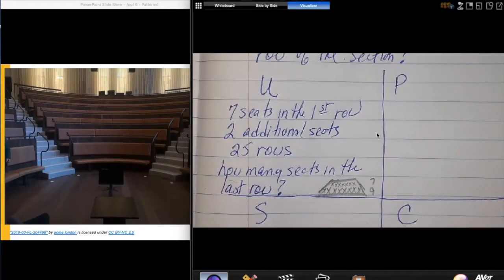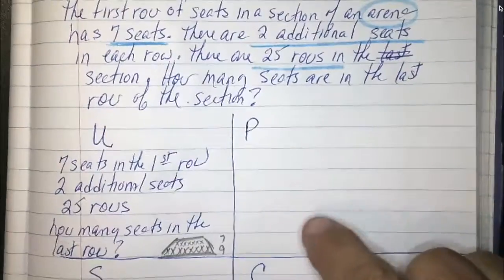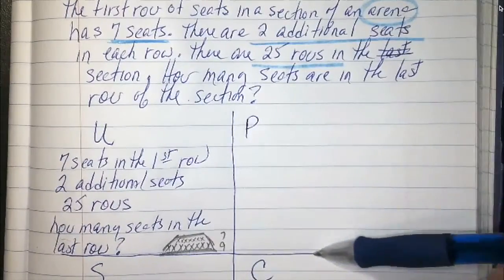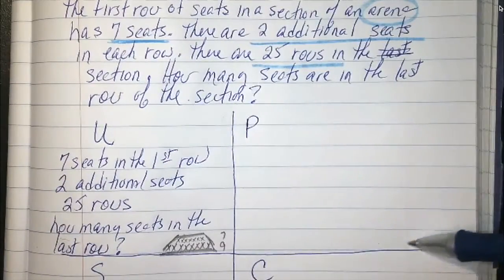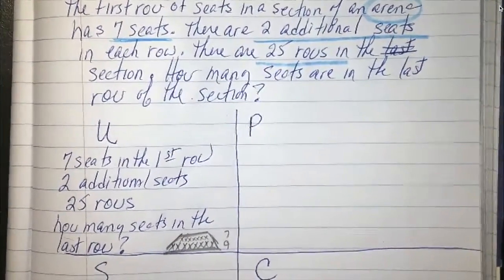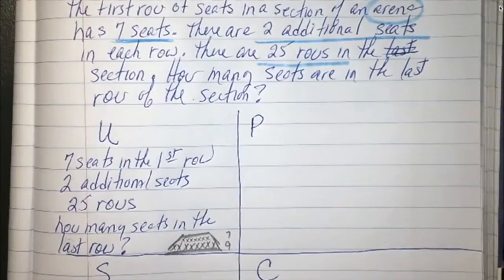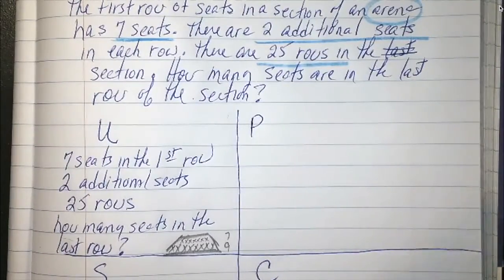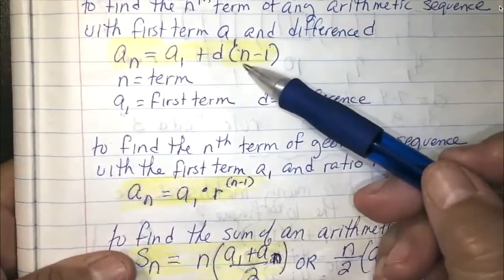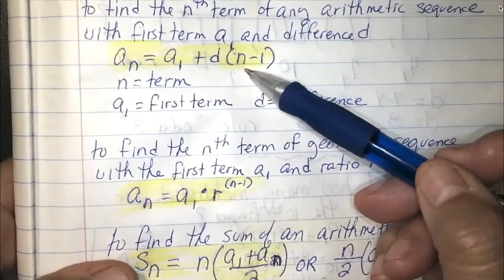Okay, let's talk about the plan. What strategy are we going to use? My objective for this lesson is to use the different formulas that we have available. So let's go ahead and open that. We saw in the previous lesson that we have the formula for the nth term.